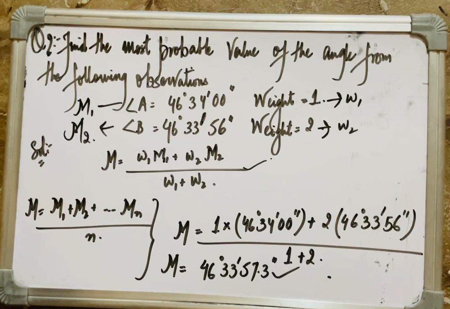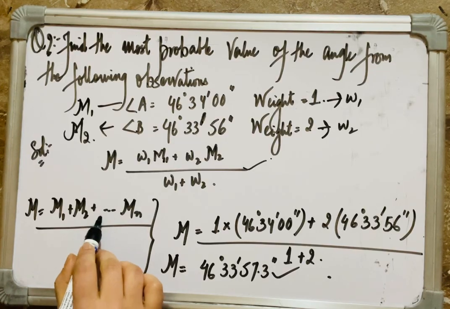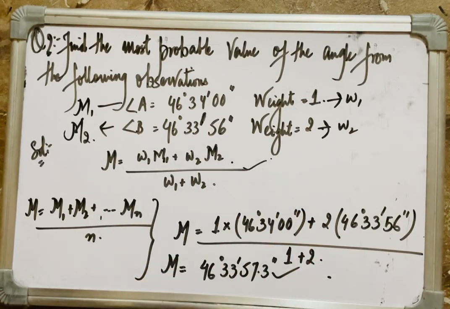All right, and let me illustrate it once again: the most probable value of an observed quantity is equal to the arithmetic mean of the observed values of the quantities, but when the weights are the same. But when the observations are not of the same weight, the above equation is modified by this equation.